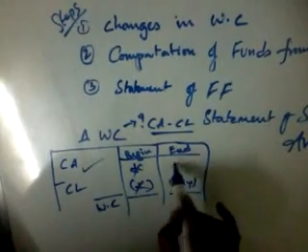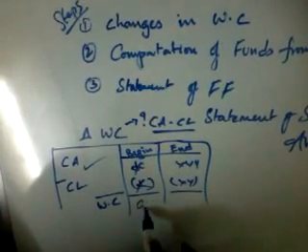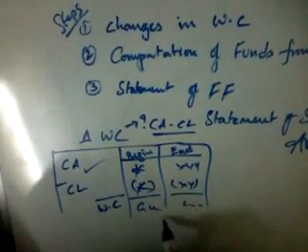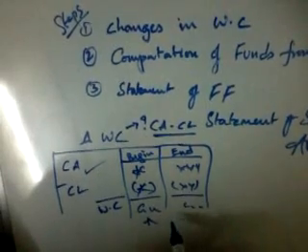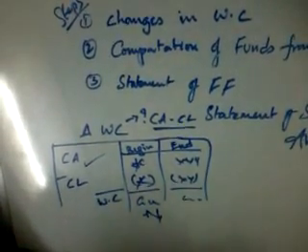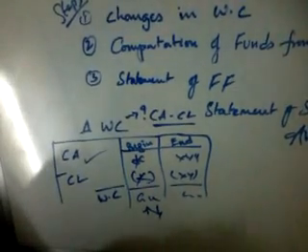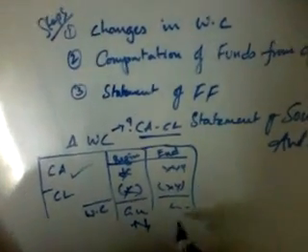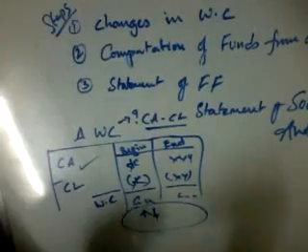That way you will understand the change in working capital, and you see whether it has increased or decreased. Next, step 2. I'm going to talk about what we are going to do with this increase or decrease later.